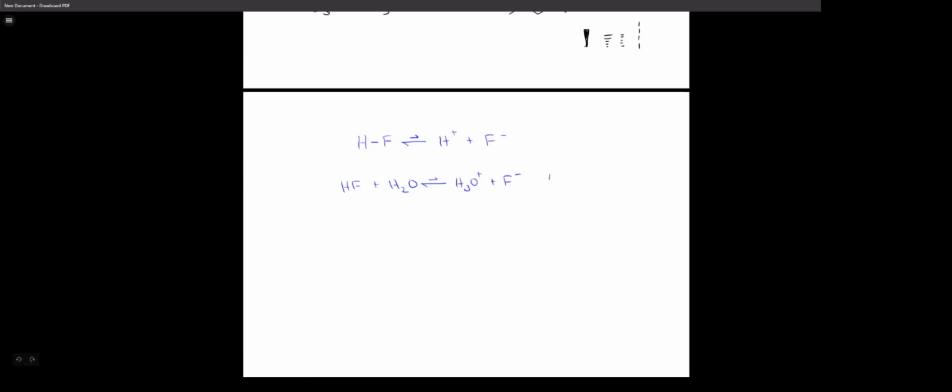Remember, there'll be an equilibrium constant here, right? Because that's an acid. Does HF exist? Here, let's start with the easiest. Does water exist? Yes. Does HF exist? Yes. Hydronium? Yes. Fluoride? Yes. These all exist. Okay. So in equilibrium, all this is telling you is how much you have of one side compared to the other.